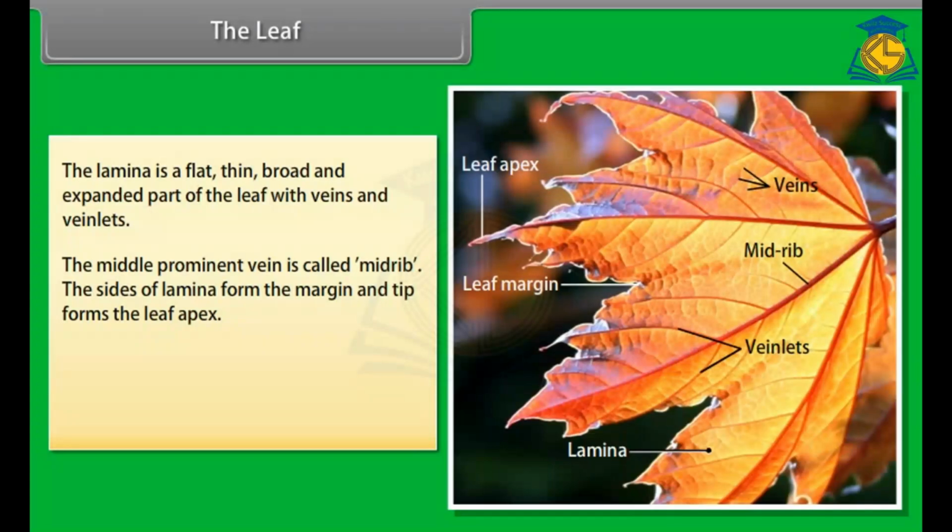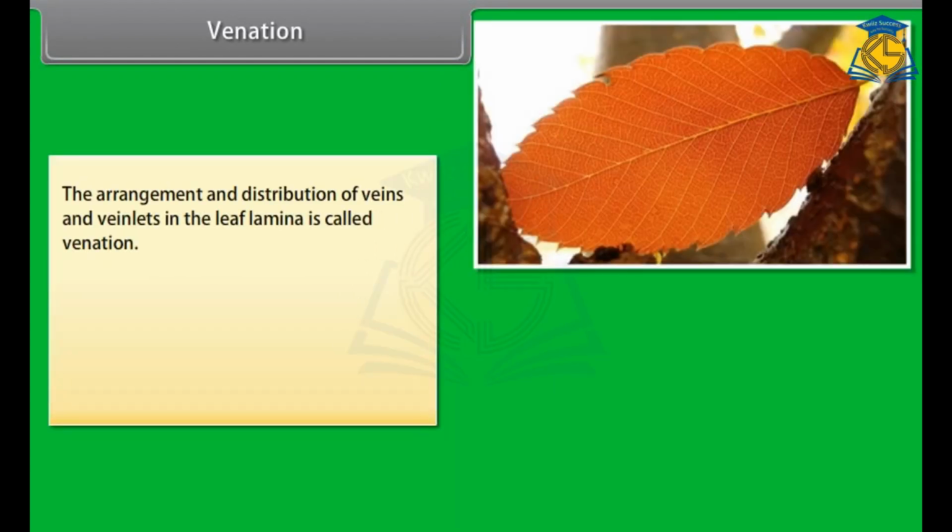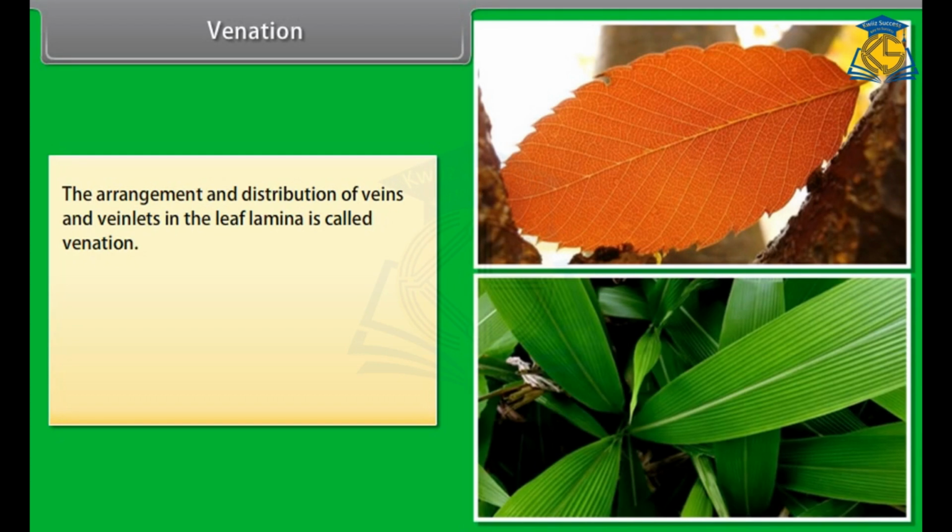The sides of lamina form the margin and tip forms the leaf apex. Veins contain the vascular tissue and act as channel for the transport of food, water and minerals, and the skeletal of lamina. Venation. The arrangement and distribution of veins and veinlets in the leaf lamina is called venation.